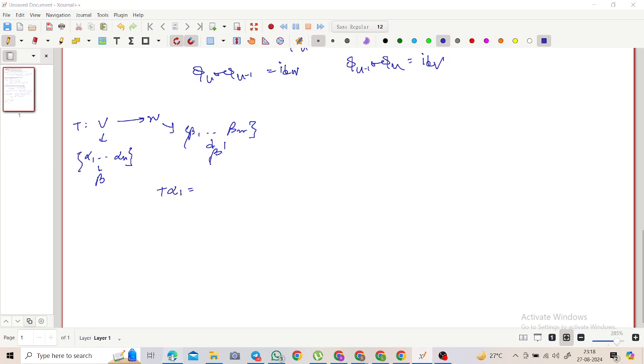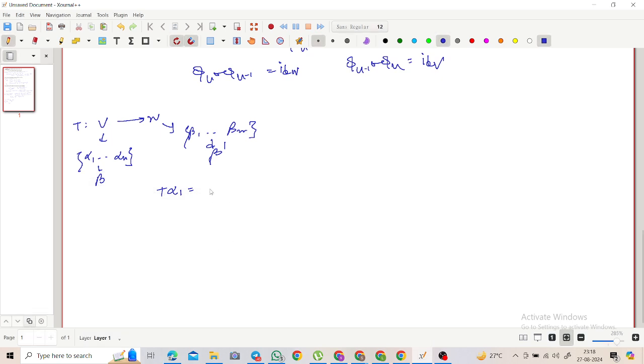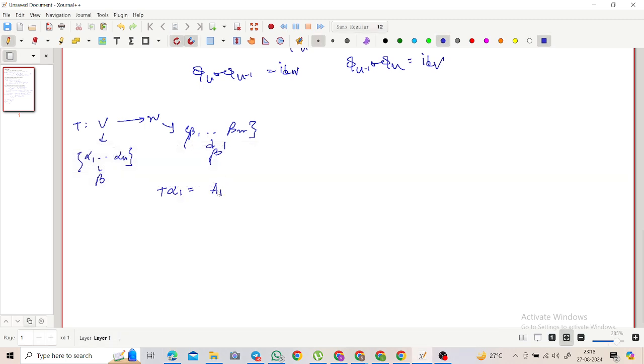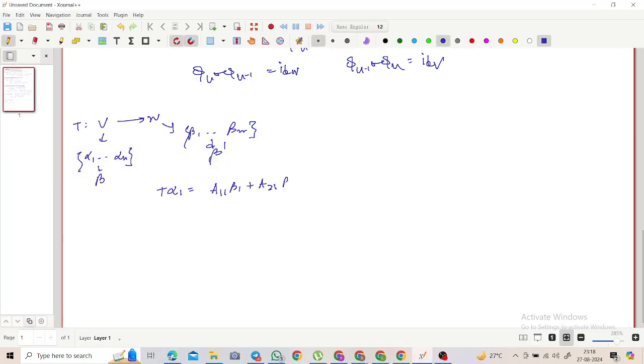It should be A11 beta 1 plus A21 beta 2 plus so on, up to Am1 beta m.